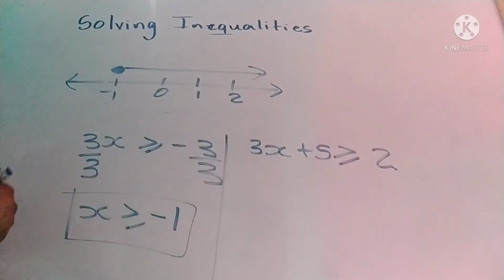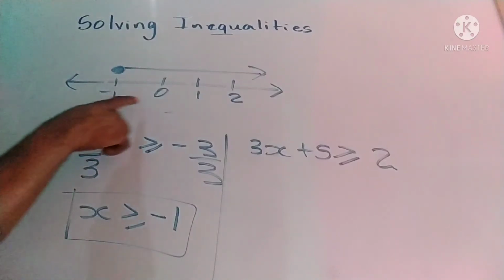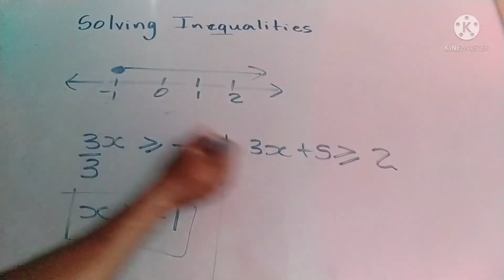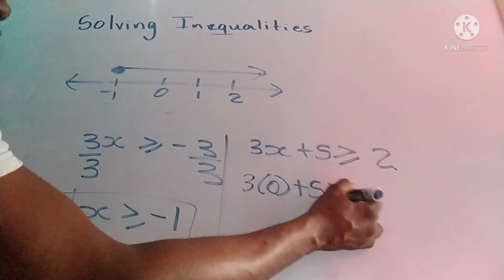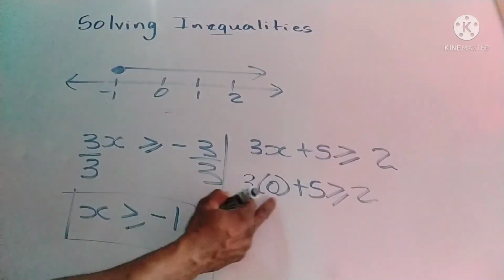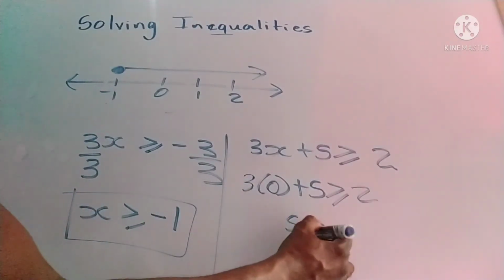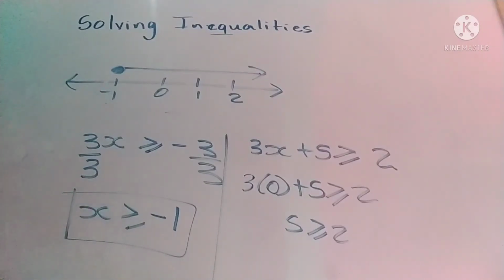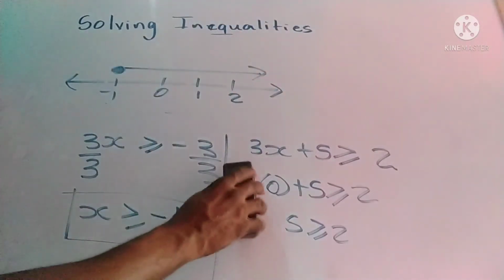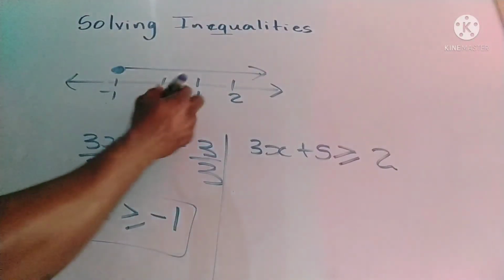We could just try a few of them. We could try 0. So 3 times 0 plus 5 should be greater than or equal to 2. Yes, 5 is greater than or equal to 2. That's true. So that's one. We could do another. You could try the number 2 to see if it's correct.